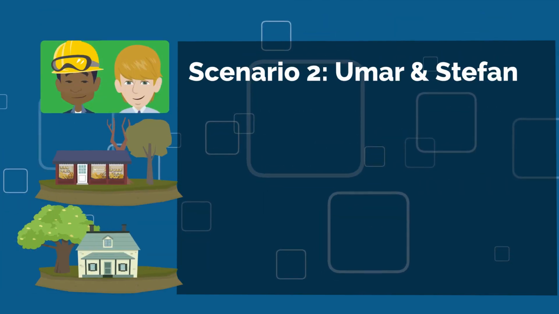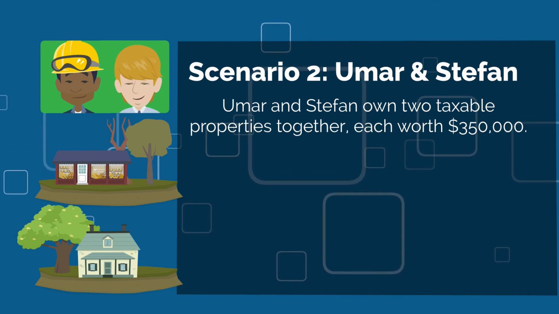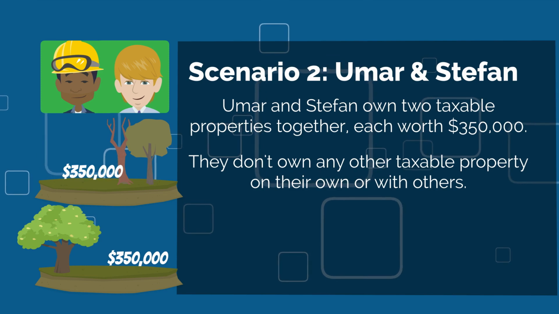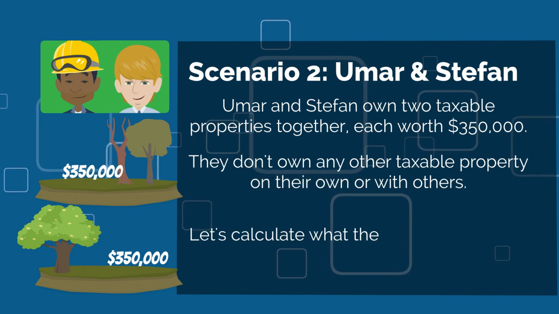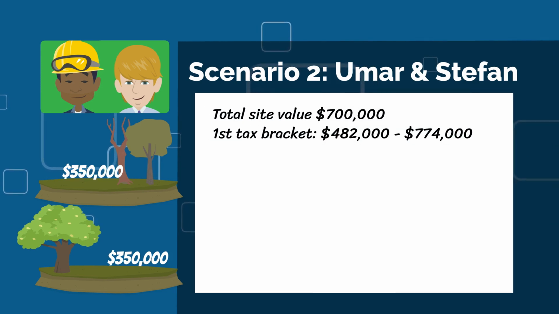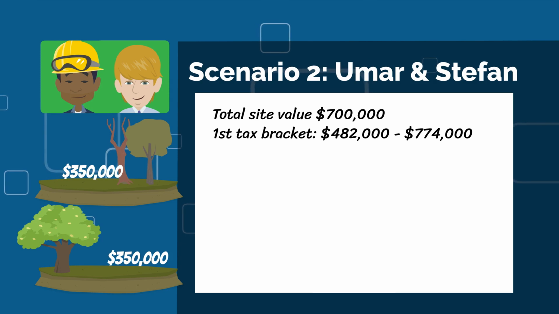Umar and Stefan own two taxable properties together, each worth $350,000. They don't own any other taxable property on their own or with others. Let's calculate what their land tax will be. Land tax is calculated on a total site value of $700,000. There is no land tax on the first $482,000.